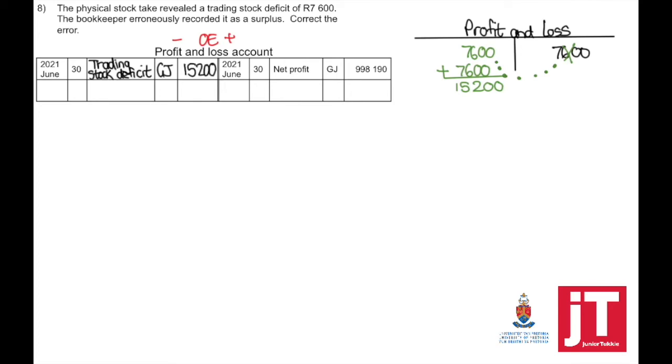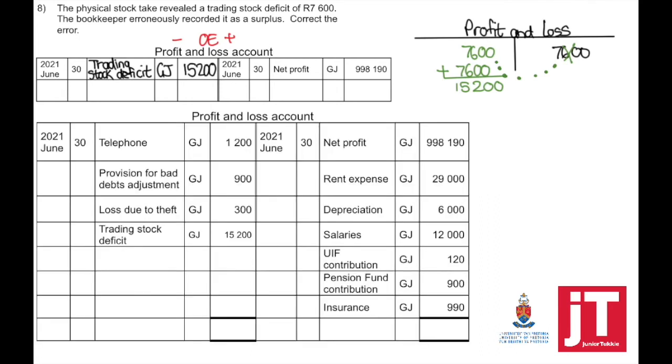This will have a negative effect on the net profit. So on the profit and loss account, on the debit side, we're going to have trading stock deficit, and the amount must be 15,200.